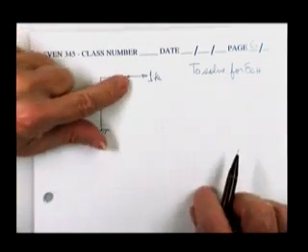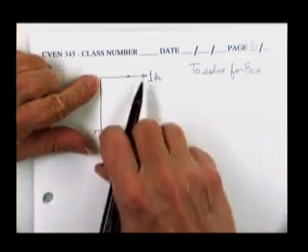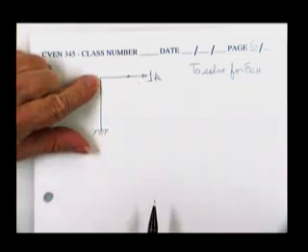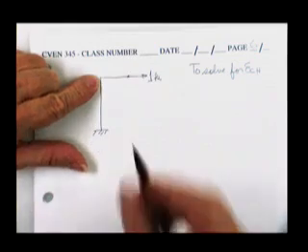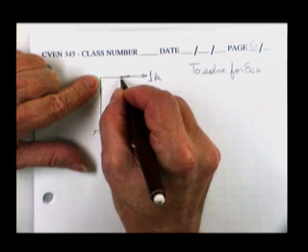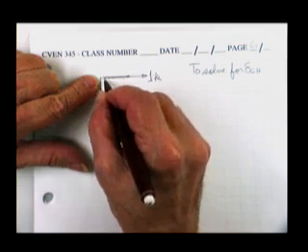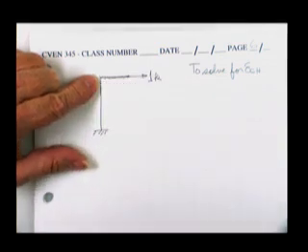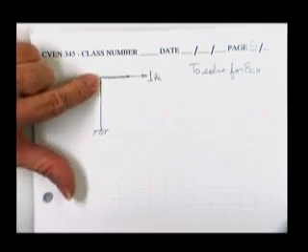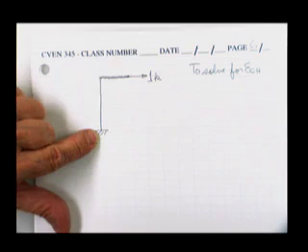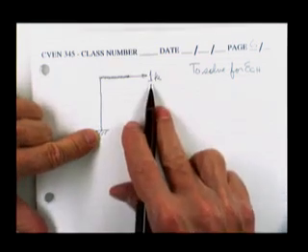Wheeler, what is the moment in this member right here due to this load right here? That's right. That's very good. I told you you could do this stuff in your sleep. Lane, what is the moment in this vertical member as we move down due to this load?